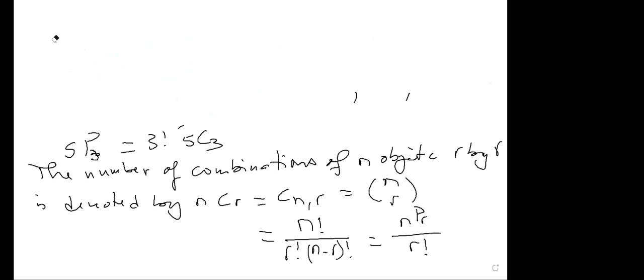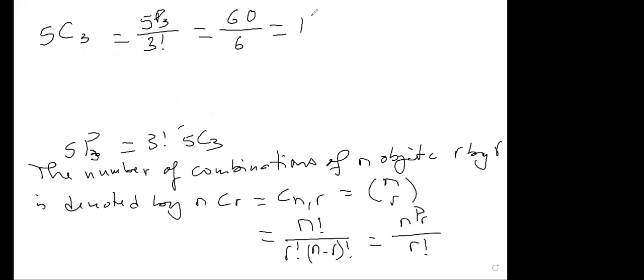Example, 5 combination 3 is 5 permutation 3 divided by 3 factorial. And 5 permutation 3 was 60. 3 factorial is 6. So this equals 10.